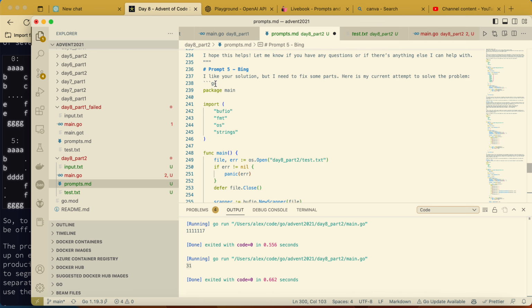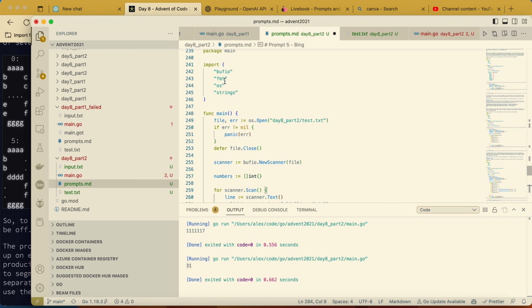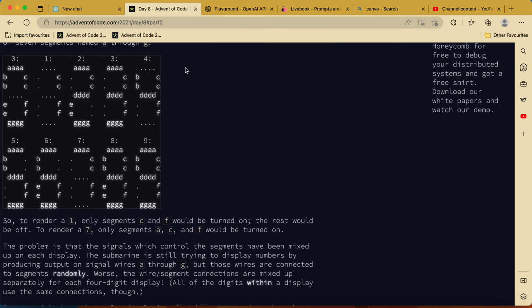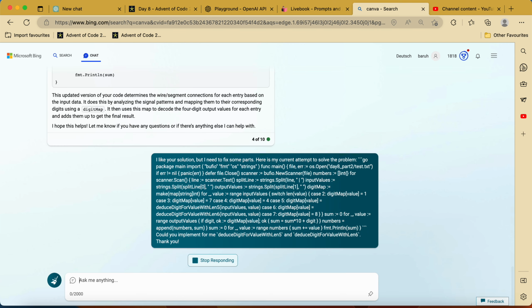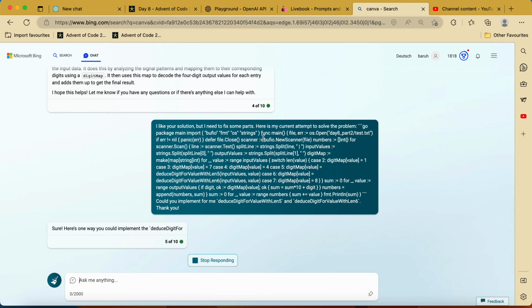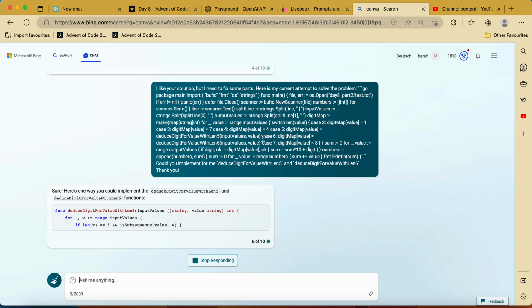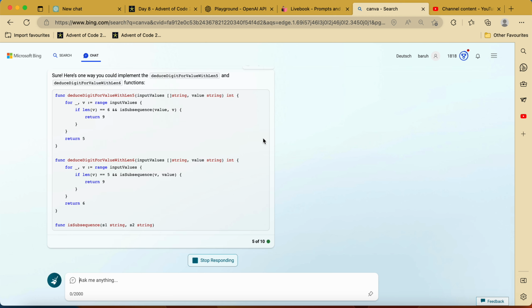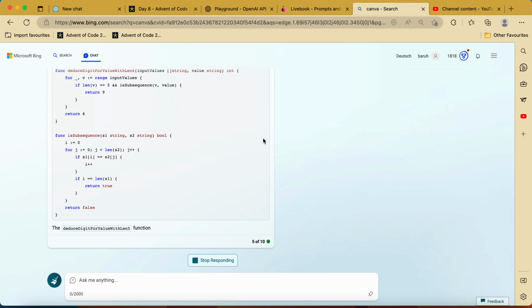Okay, that seems reasonable. Now we're at the stage that we have a skeleton of a decent program. Let's see. I'm really thankful that Microsoft increased this limit to 10. One was 6. Whoa, what is this?